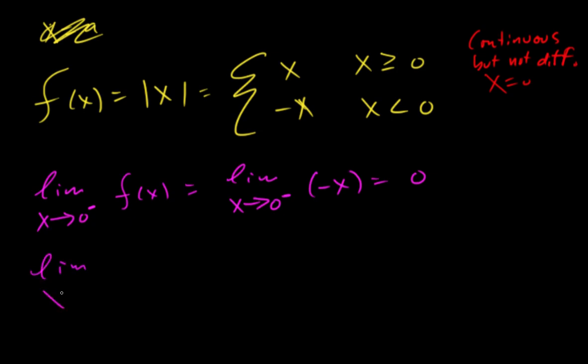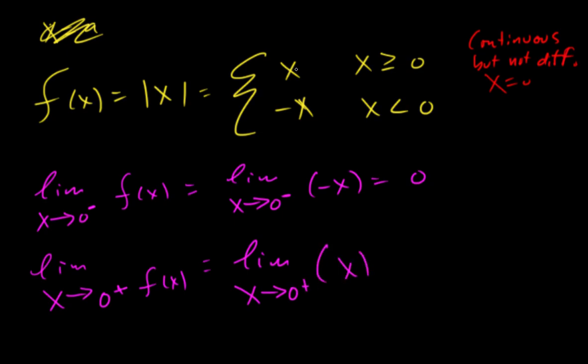The limit as x approaches 0 from the positive side of f of x, same as this, we plug in x, we get 0, and then that tells us that the limit as x approaches 0 of f of x is equal to 0, which is equal to f of 0.